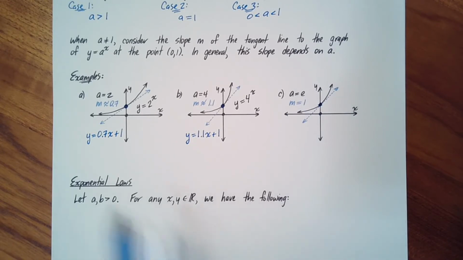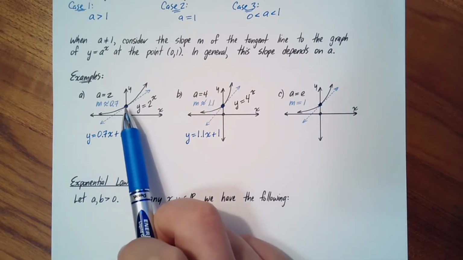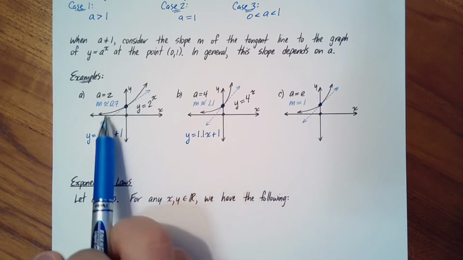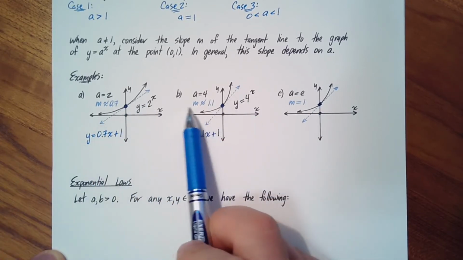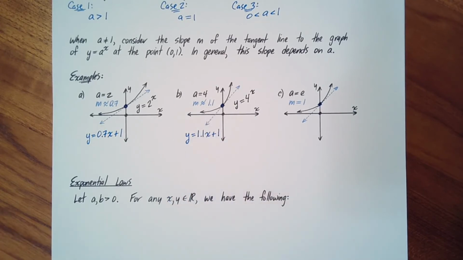Okay, so for the moment, notice that this tangent line had a slope of 0.7, which is less than 1. And this tangent line had a slope of 1.1, which is greater than 1.